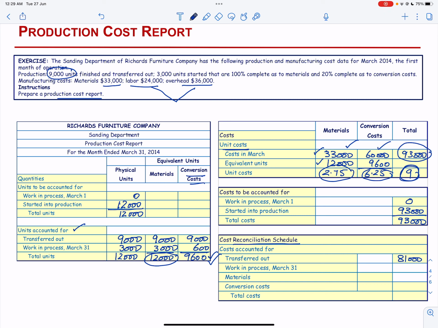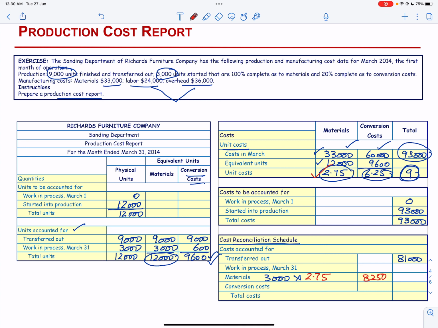The work in process for the material, it was 3,000 units, and the rate unit cost is 2.75, and this will be 8,250.